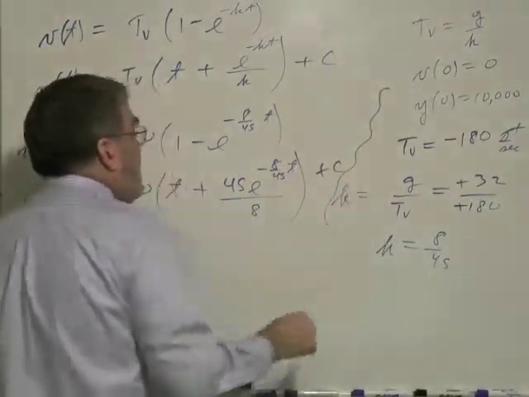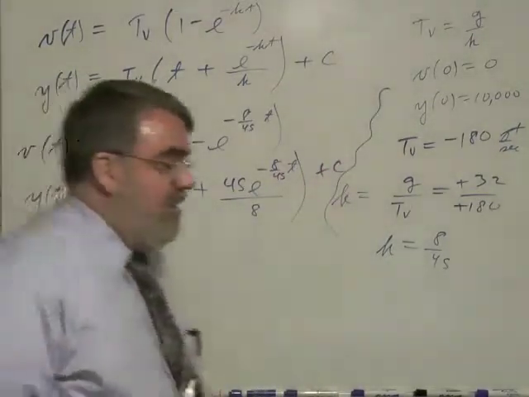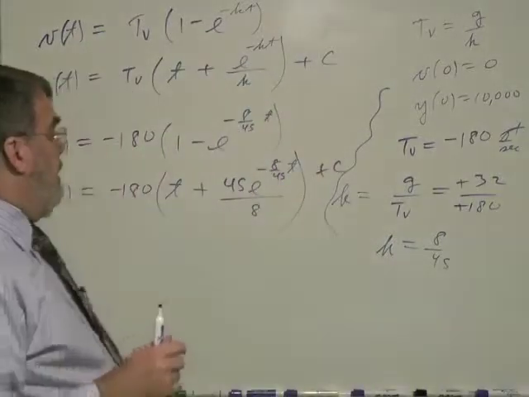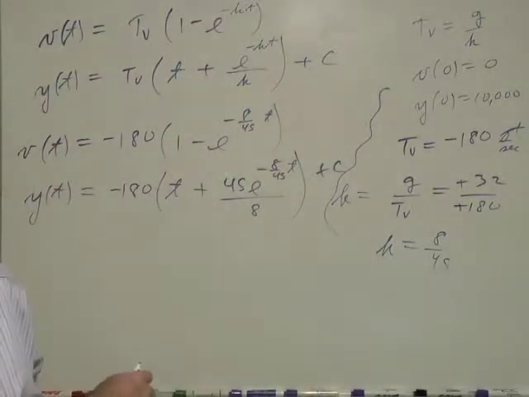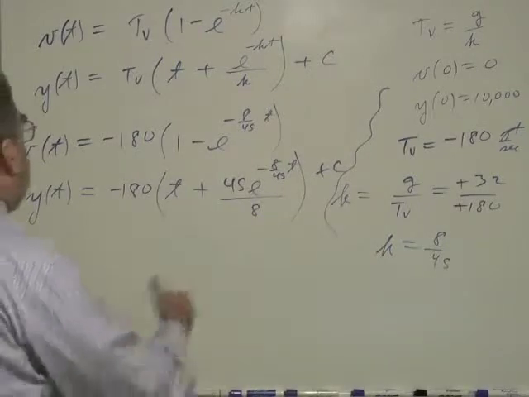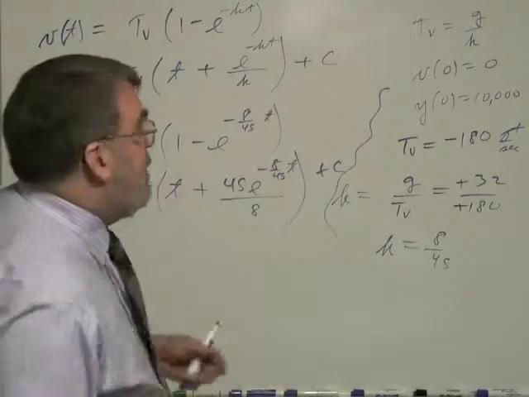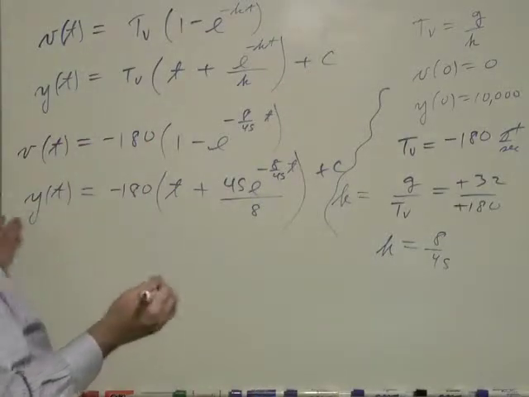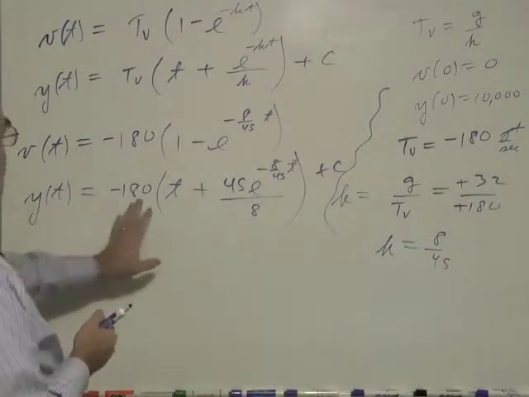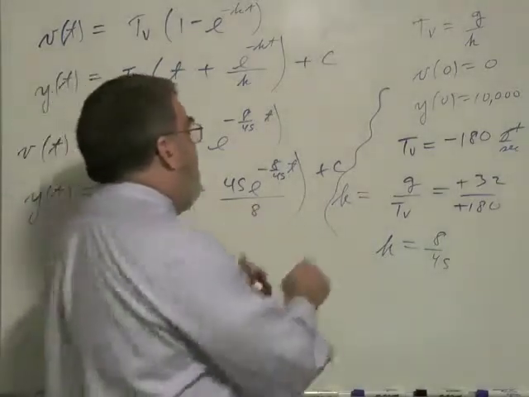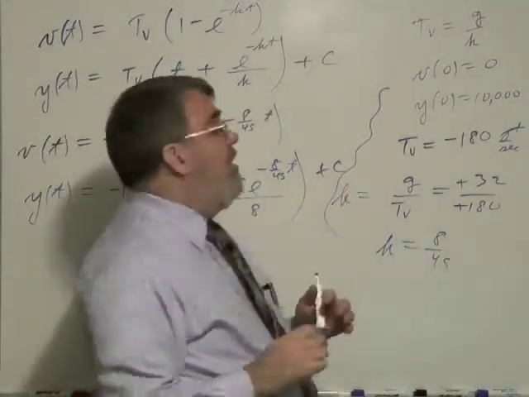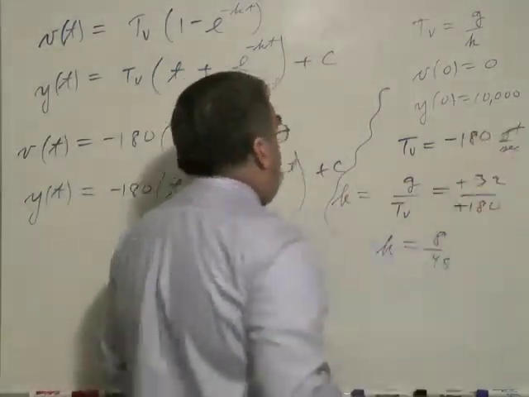So it's getting a little cluttered, and boy, it's really going to get cluttered for the next model. But let's find out what c is. Now we have the velocity function figured out. It's done. We can tell how fast we're going after any amount of time. But we don't have position quite figured out because we haven't figured out what constant c is, and we'll get that from the initial height.